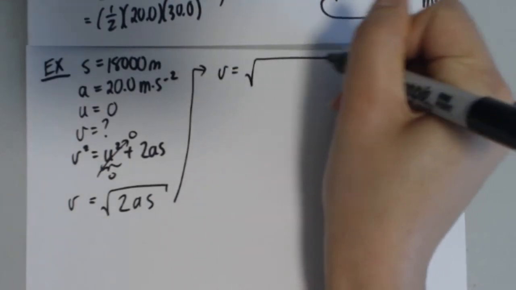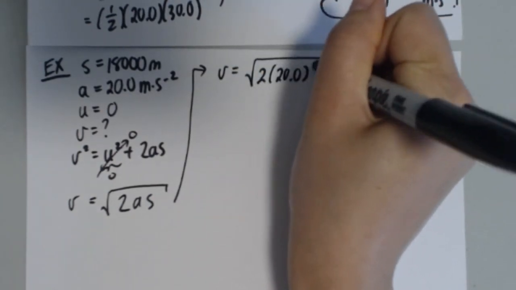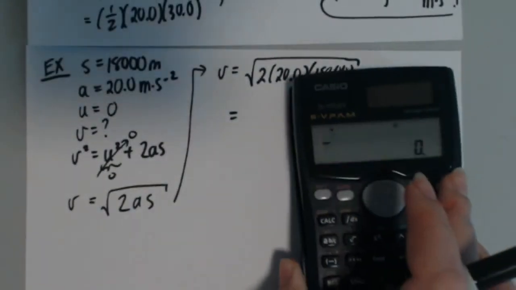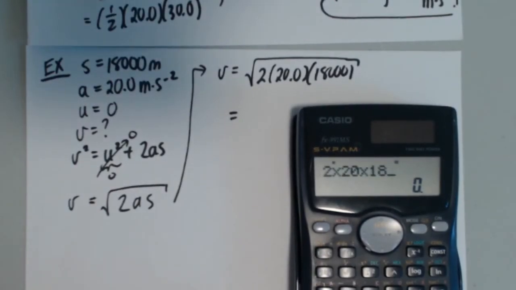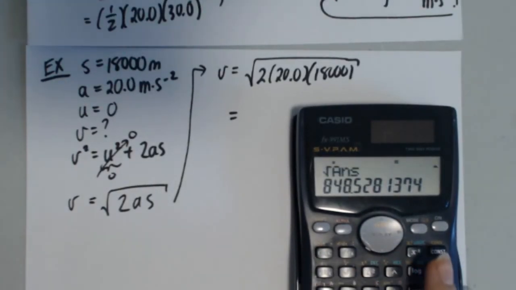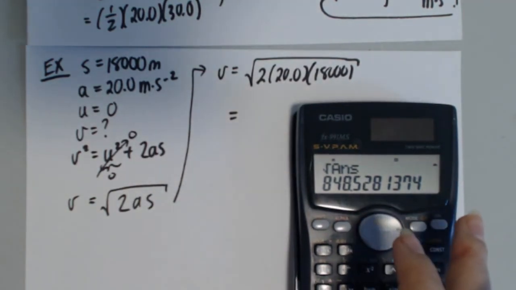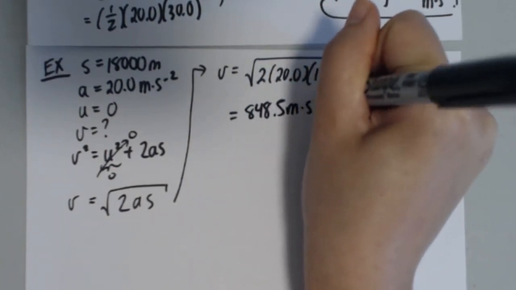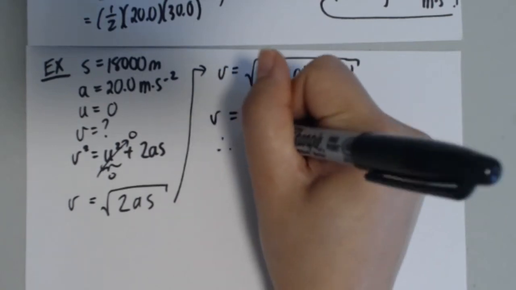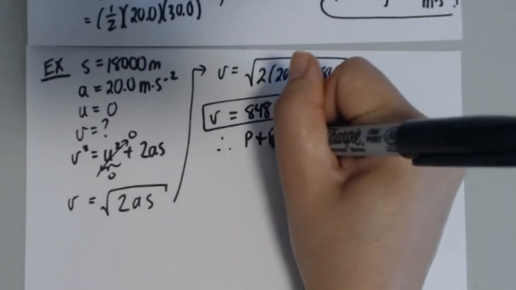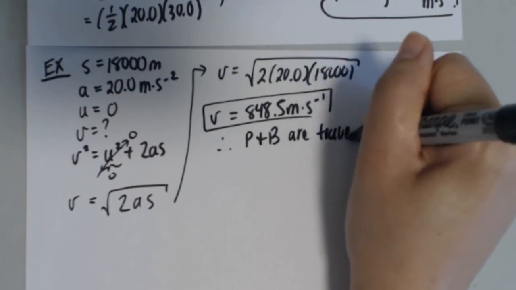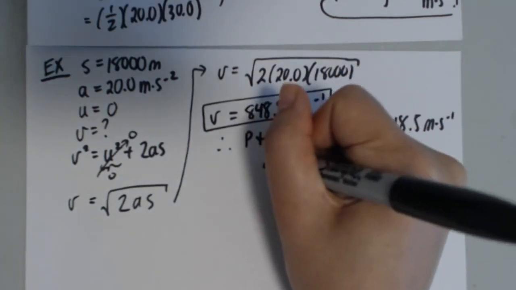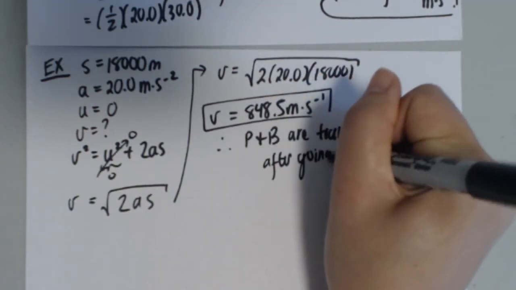So V is equal to the square root of 2 times 20.0 times 18,000. That is 848.5 meters per second. So therefore, Pinky and the Brain are traveling 848.5 meters per second after going 18,000 meters.